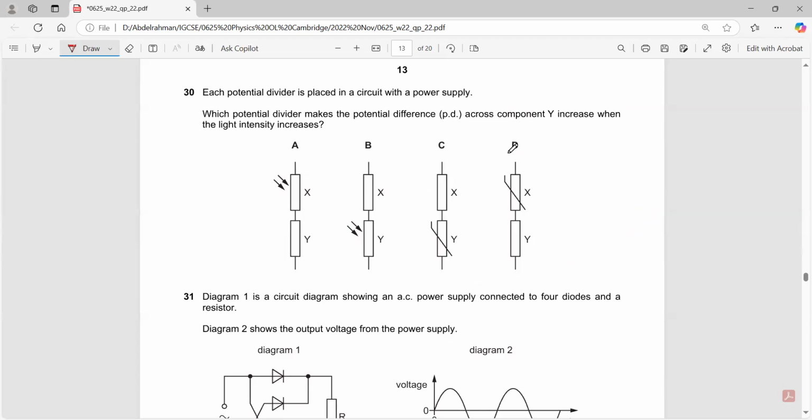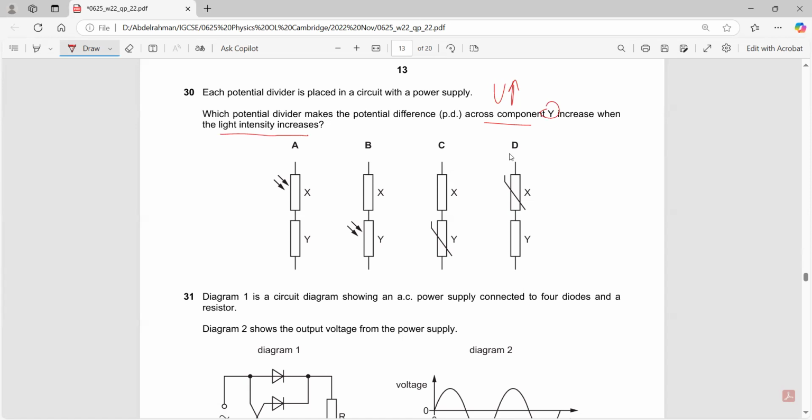Question 30. Which potential divider makes the potential difference across Y increase when the light intensity increases? Think about it slowly. You want the voltage to increase in Y when the light intensity increases.